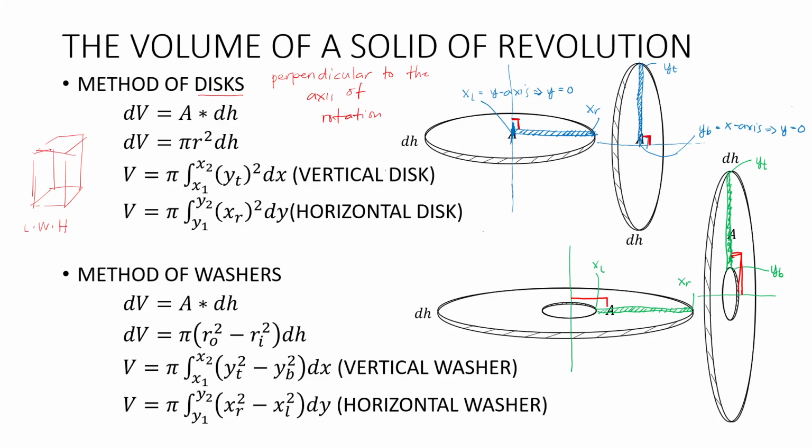So the area of the square, let's say, is length times width, then multiplied by the height. So length times width times height. Or if you have a cylinder, a cylinder is a more perfect example for area times thickness.